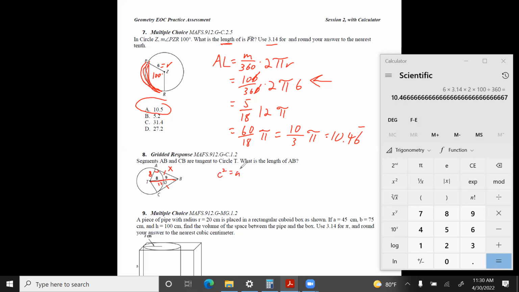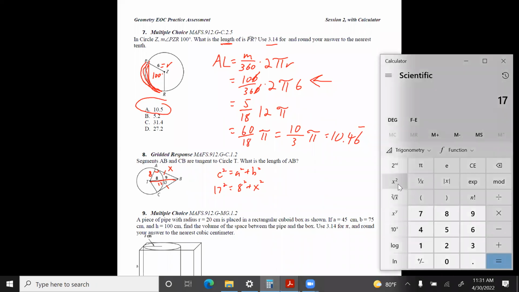C squared equals A squared plus B squared. C is our longest side, which is 17. A is going to be one of our legs, so we can plug 8 in. And then B can be the value that we're trying to solve for, so I'm going to call that X. So now we have 17 squared, which is 289. And we have 8 squared, which is 64. So 289 equals 64 plus X squared.